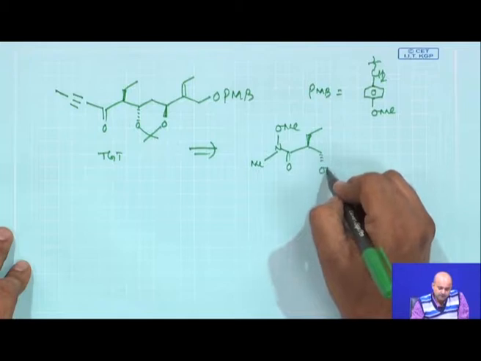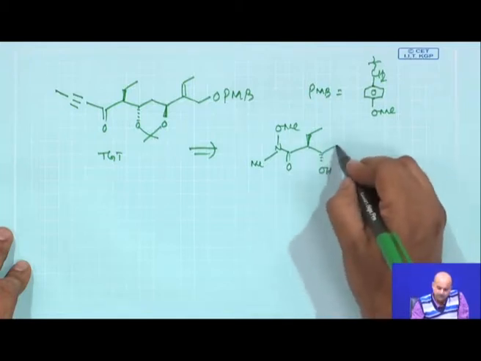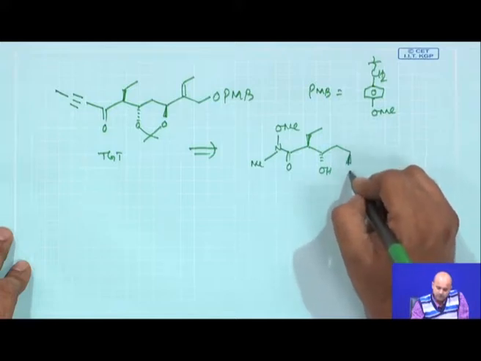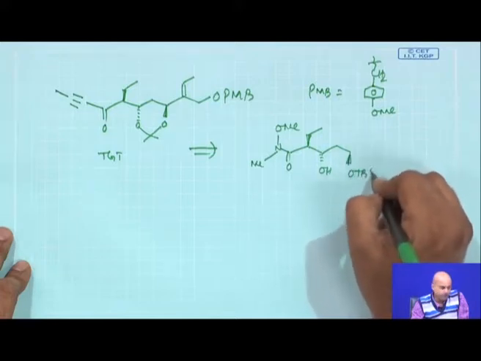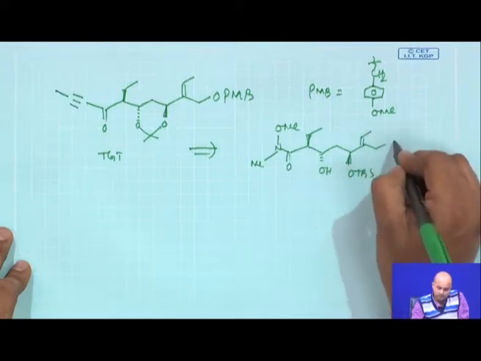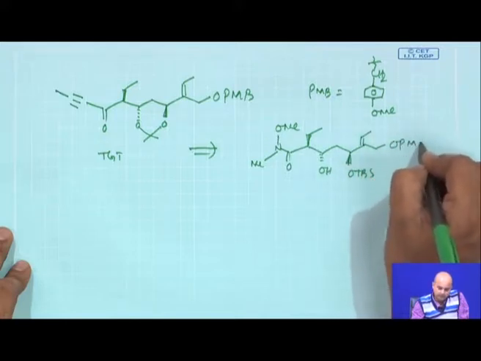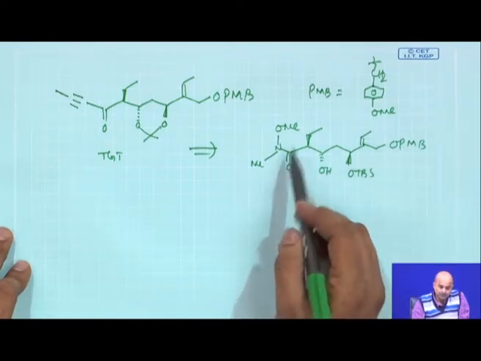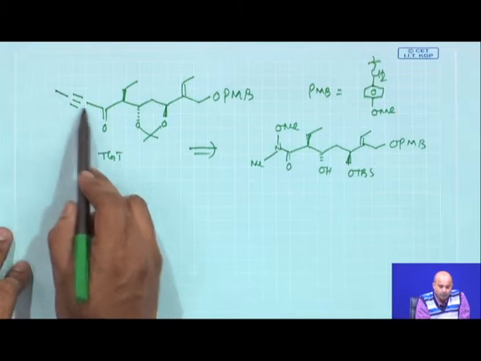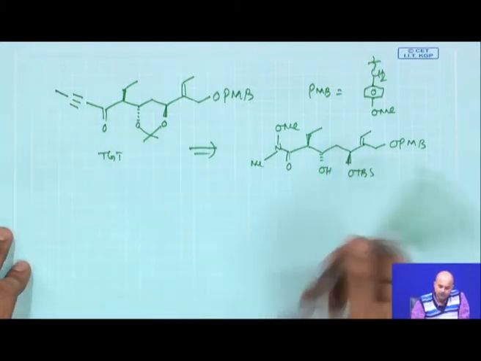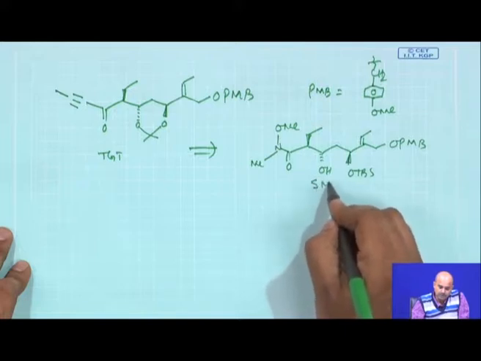Probably just by seeing the structure on the left hand side, you can easily find out how the structures have been correlated with this target molecule by simple FGI. Now, what is this? This part is your Weinreb amide. So, basically for this ketone introduction, we will be using a Weinreb ketone synthesis. That is why the starting material was given.